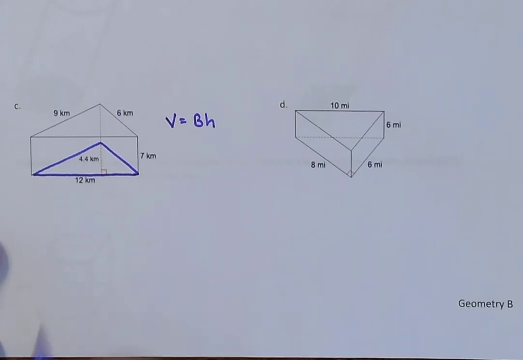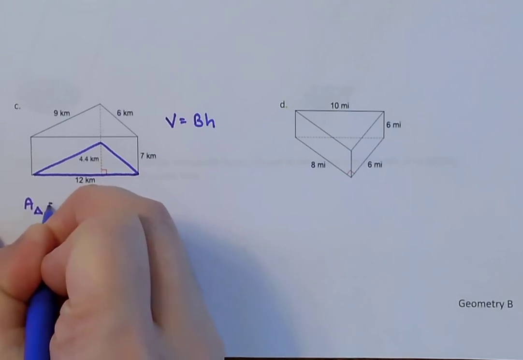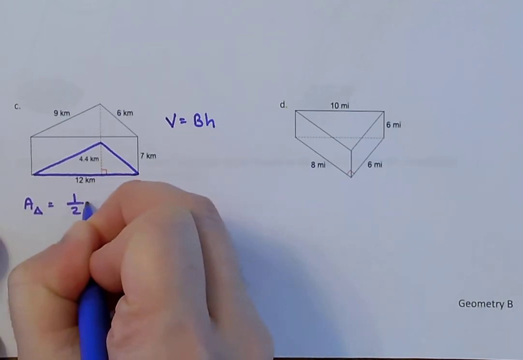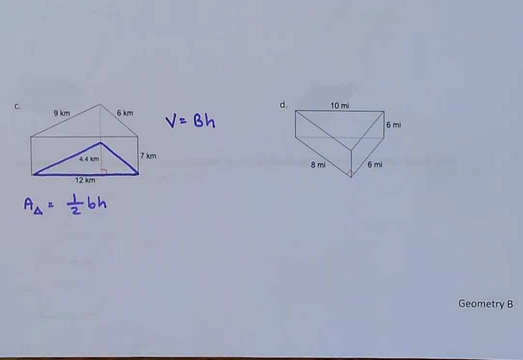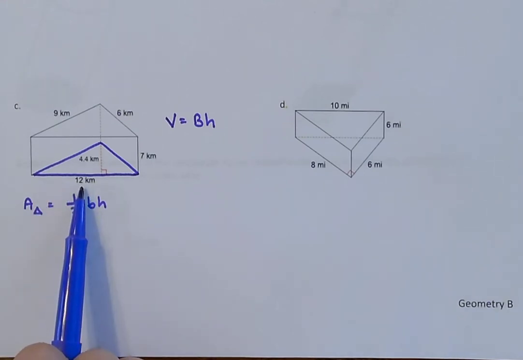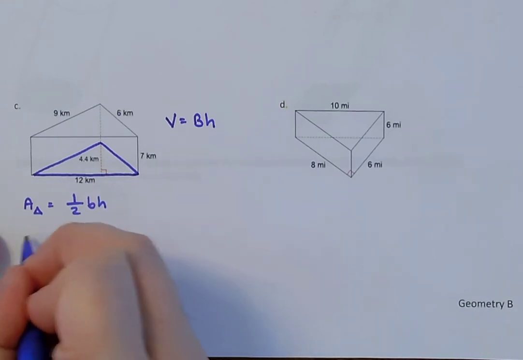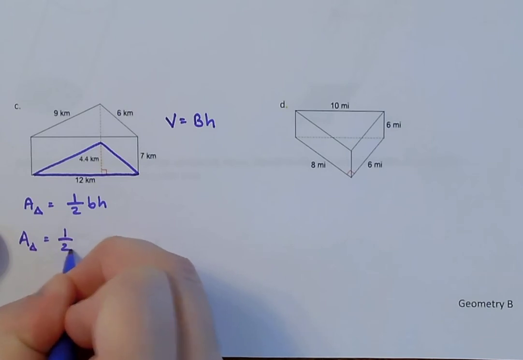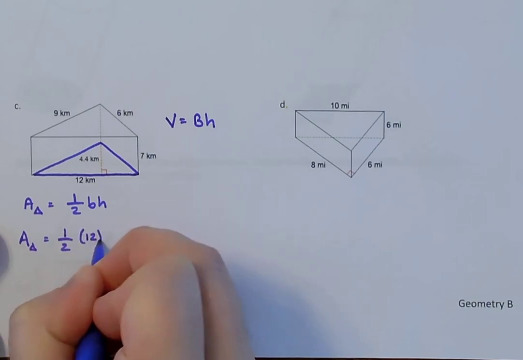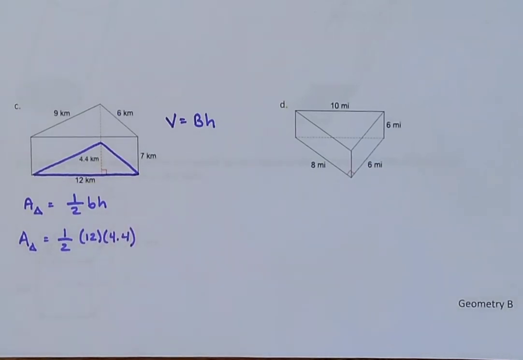So the area of a triangle is 1/2 times the length of the base of the triangle times the height of the triangle. The base of this triangle is 12 and the height of this triangle is 4.4. So the area of this triangle is going to be 1/2 times 12 times 4.4.